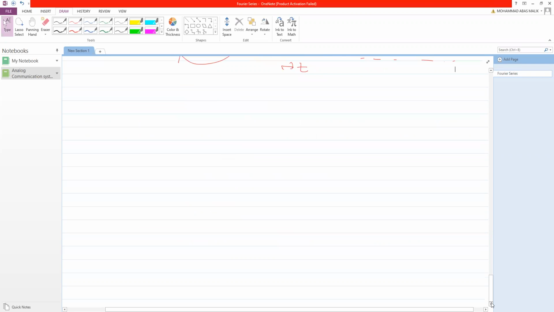So by definition, the Fourier transform of a signal f of t is F of omega equal to the integral from minus infinity to infinity of f of t into e raised to the power minus j omega t dt.